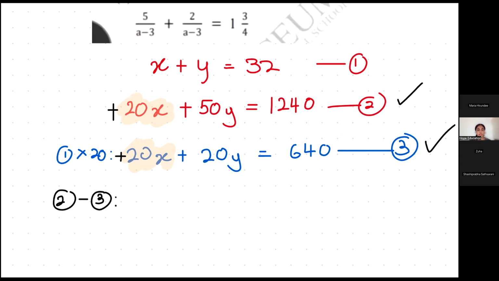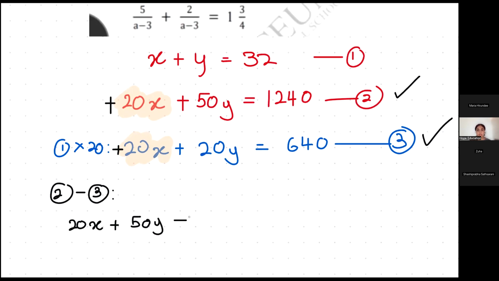So the second equation is 20x plus 50y, minus the third equation. When subtracting, open the brackets, right? 20x plus 20y, equals, on the right side, second equation we have 1240. Here we have 640.